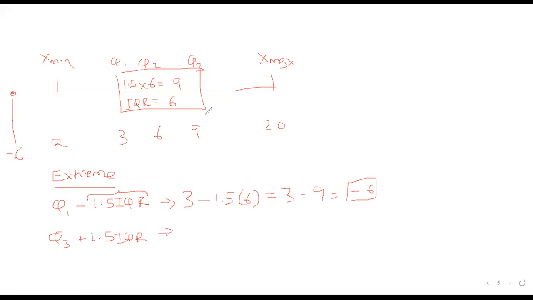Then to the upper quartile, the 9 here, we add 1.5 times the interquartile range, the 6 there. Like I said, you can identify it in advance. This is 9, the whole correction term. So 9 plus 9 is 18. Where is the 18? 18 is somewhere here.